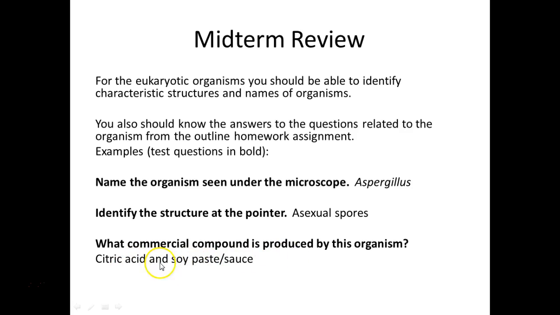You would need to name one of these: citric acid or soy paste or soy sauce. Anybody remember which mold is found on your bread? Starts with an R. Rhizopus. Rhizopus.